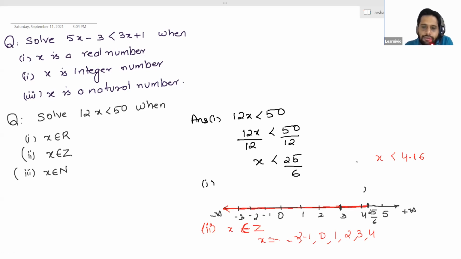Yes. Is this clear? So please represent this on the number line, the second one.